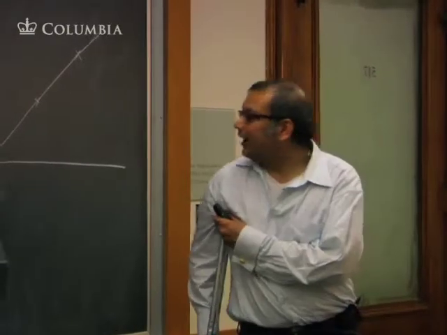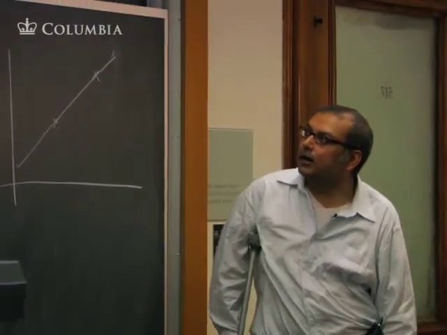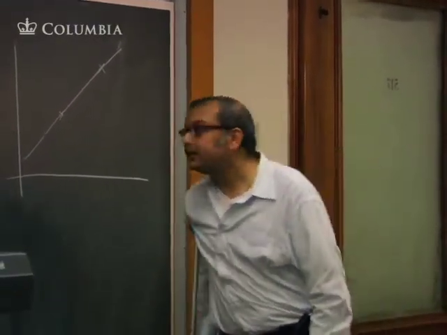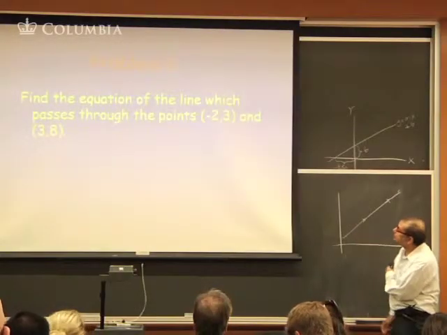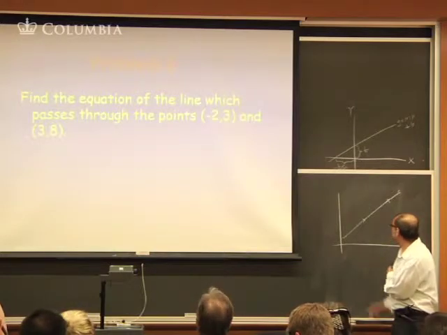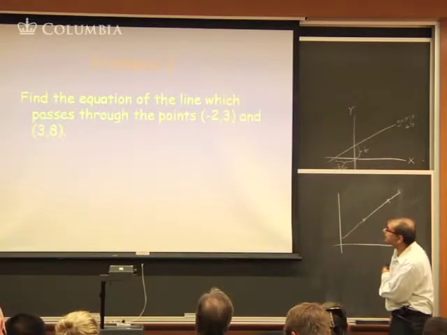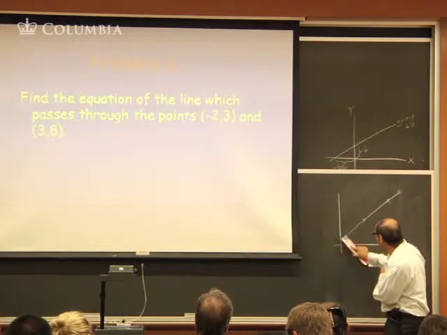Okay, so let's find the slope here. Minus 2, 3, and 3, 8. I haven't quite drawn this right.